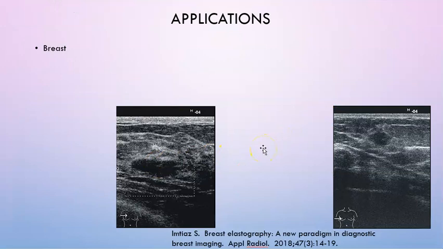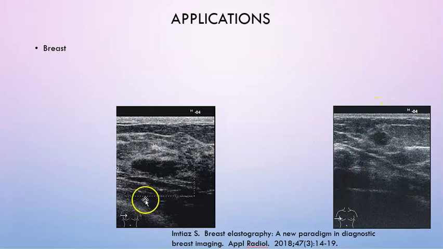So our applications of elastography are breast imaging. If we're looking at these images here, we're trying to tell if one of these is a cancer and one of these is not.